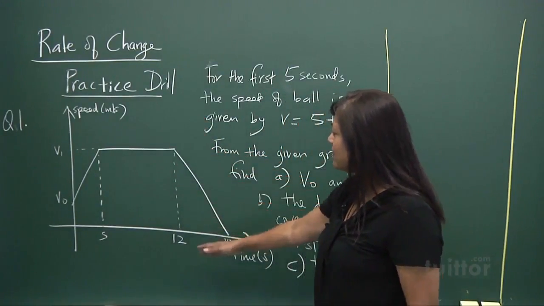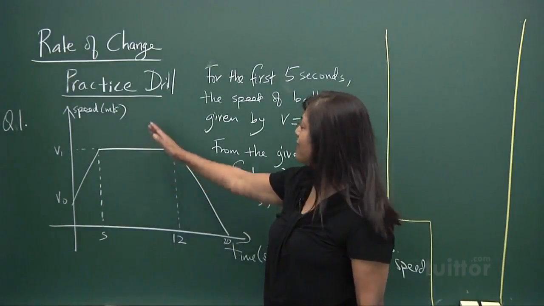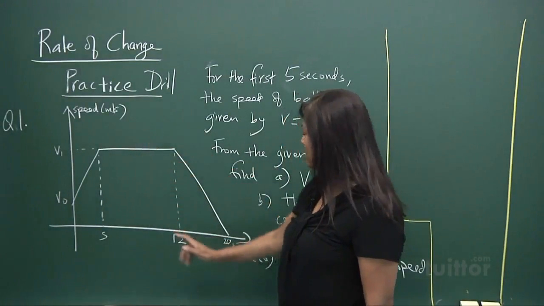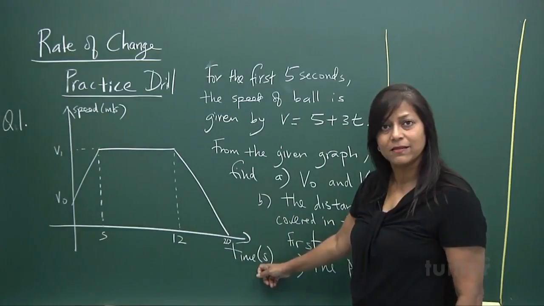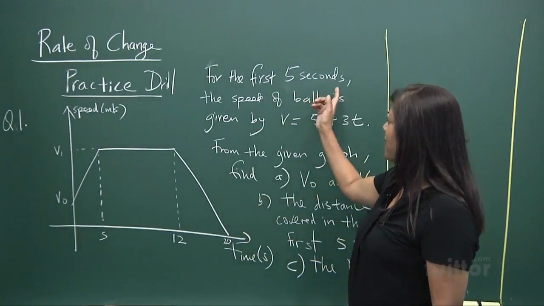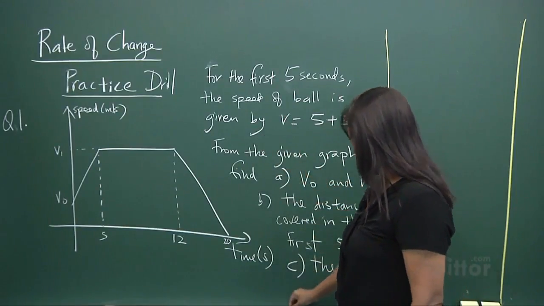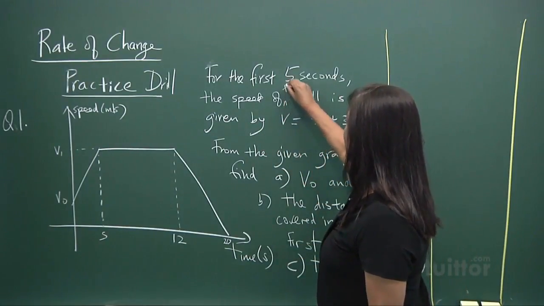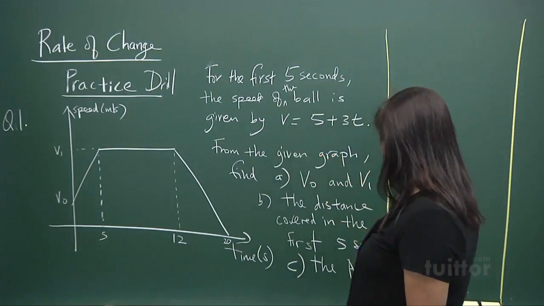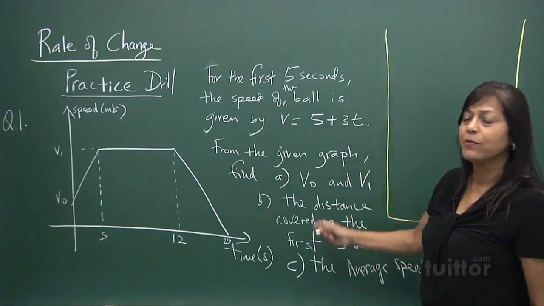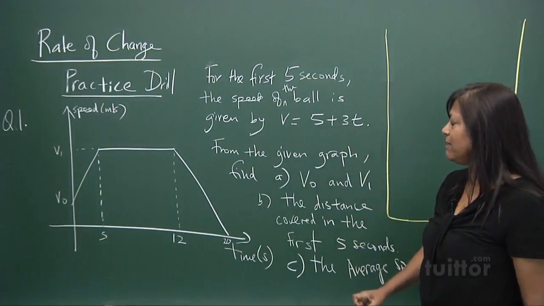Now we look at this sum. This is a graph. Alright, it's a speed time graph, meters per second, time, seconds. Now for the first 5 seconds, the speed of the ball, the word the is missing, alright? The speed of the ball is given by this formula. V equals to 5 plus 3t.